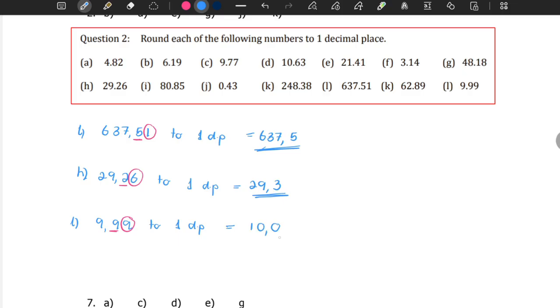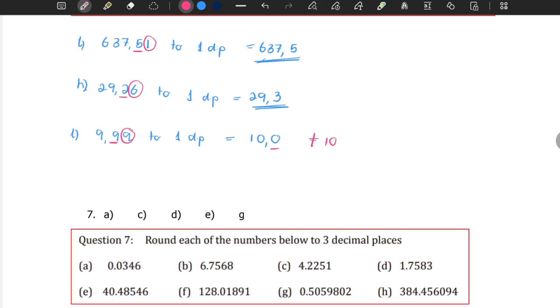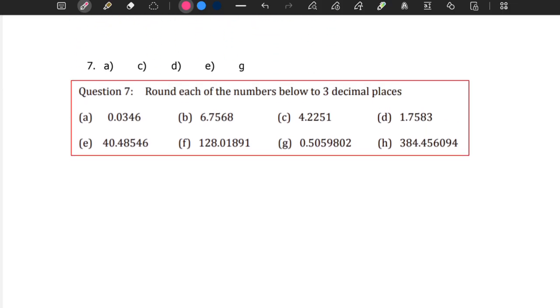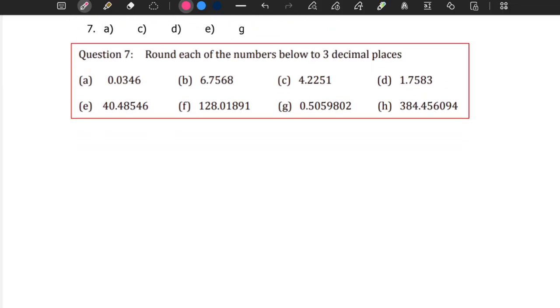And that's important because they are specifically for 1 decimal place, so these would not be equal to just saying 10. You have to actually put the decimal place, which is going to be 10.0. And then for number 7, you can give them a try because it is the same set of rules and format as before.